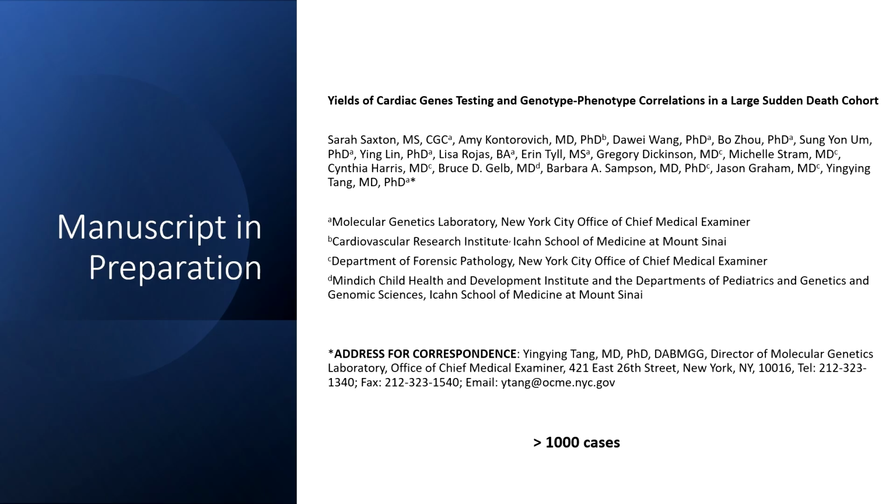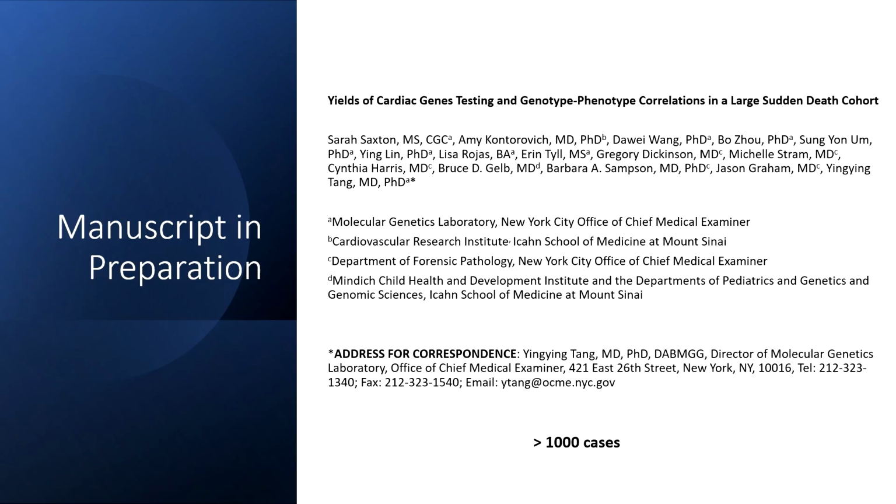In this article, we reported our molecular testing yield in over 1,000 sudden death cases with diverse pathological findings and demographics. The pathogenic and likely pathogenic variants in genes associated with cardiomyopathy and cardiac arrhythmia syndromes were evaluated for their correlation with the phenotype and their role in cause of death.